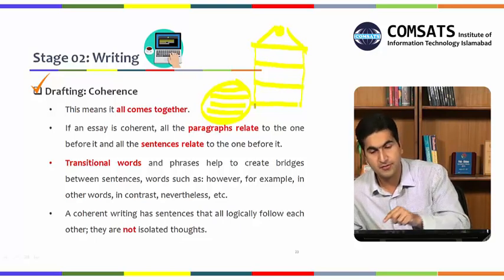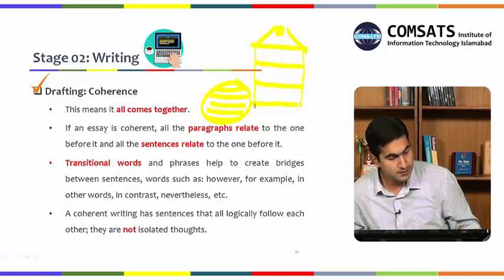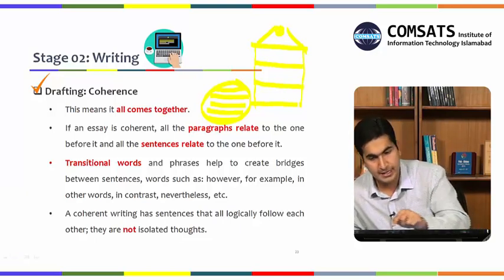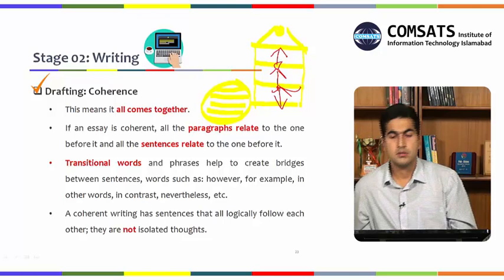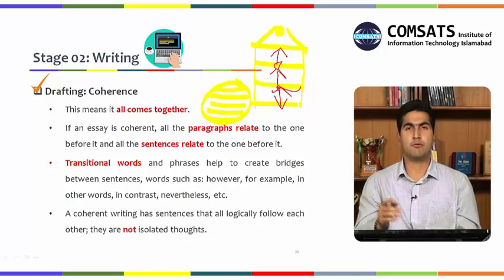In addition to this, there should be something which is simply linking these together as well. These are the lines and you link them together as well. This is the basic purpose of coherence.